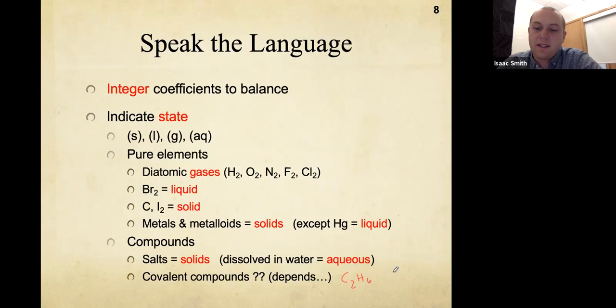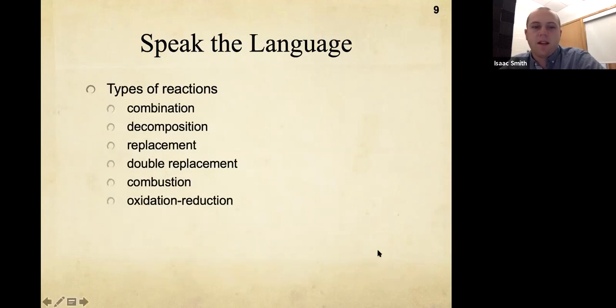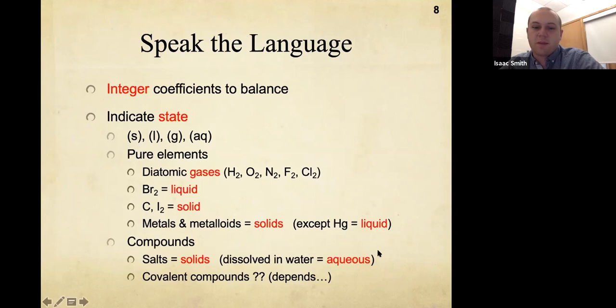Because if you had something heavier, like maybe C12H26, that would probably be a solid. So it's hard to tell with covalent compounds. It takes a little practice, but don't worry about those too much. But the rest you should know. I would expect you to know the rest.